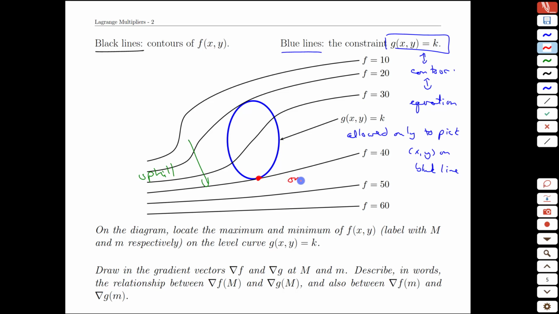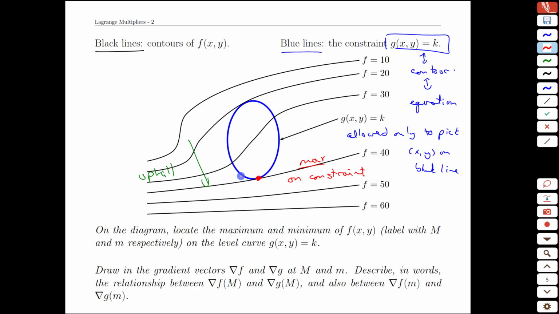And so on the constraint, this would become our maximum value. Out of the road we're driving on here, out of all the heights we can reach, I can just touch height 40 here, but there's no way on the blue line we're ever going to reach height 50. We can see that the blue line and the black line for height 50 don't intersect.